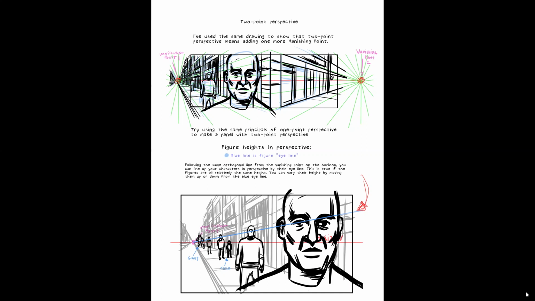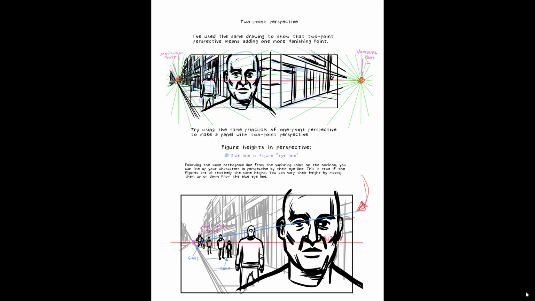Say I drew the character up front first, you can draw an orthogonal line going back into space. And if the characters in the background are around the same height, then they're going to match up with that eye line. So you can put characters pretty easily back into space that way.